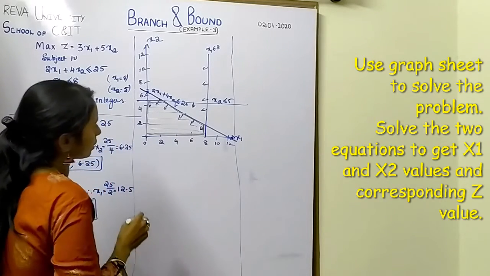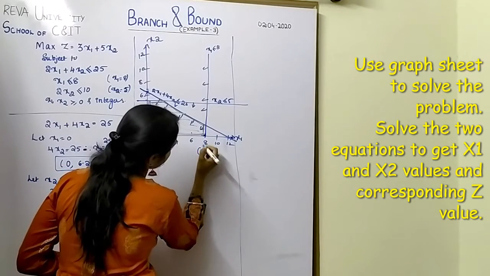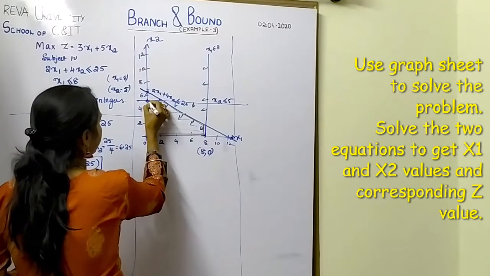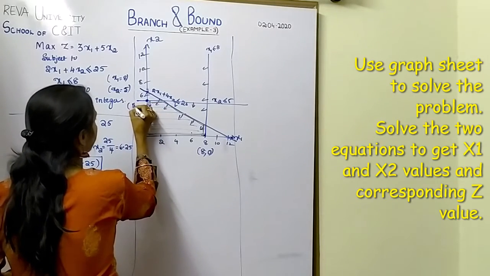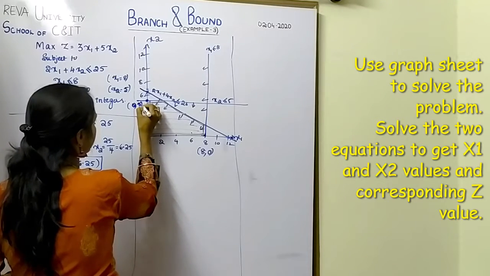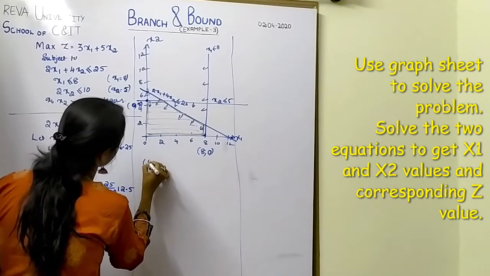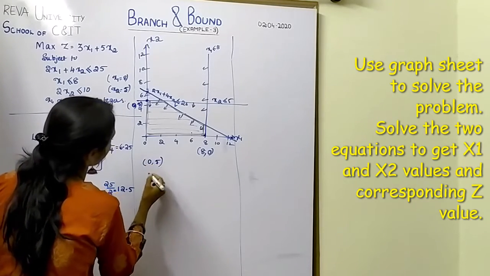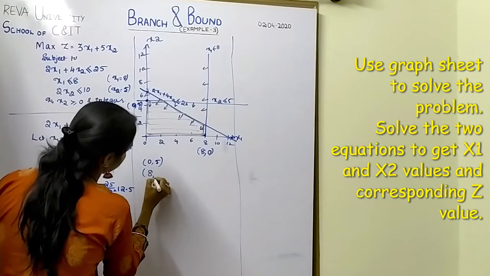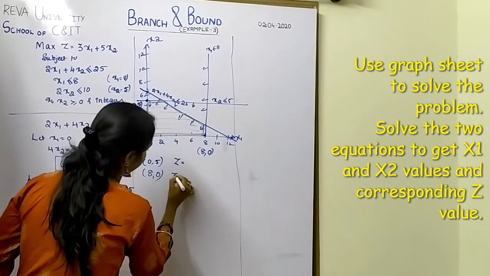Here anyhow it is 0, 0, and this point x will be 8, y will be 0, and here this will be x is 0, y is 5. So the points we get are 0, 5, 0, 0, and 8, 0. Find out what the z value is.